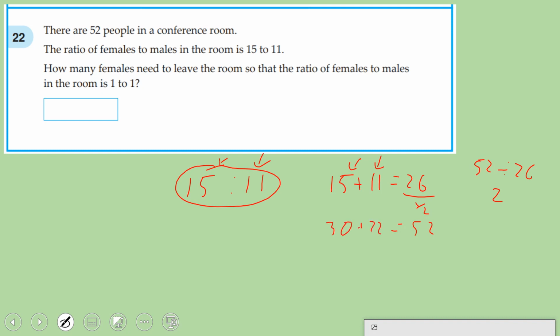So it's saying how many females need to leave the room so it's a 1 to 1 ratio. 1 to 1 means there's an identical amount of men to women. At the moment we've got 30 women, so we need 8 women to leave, so there's only 22 men and 22 women. So we need to minus 8, so there's 8 females that need to leave.